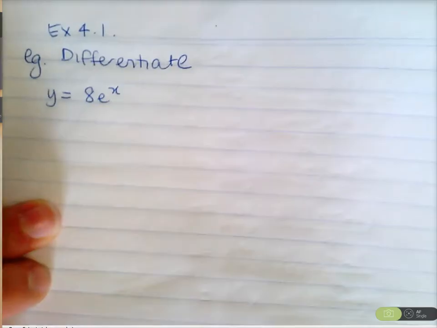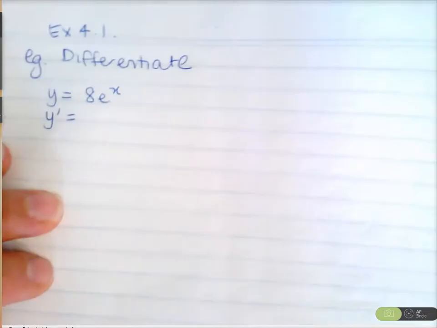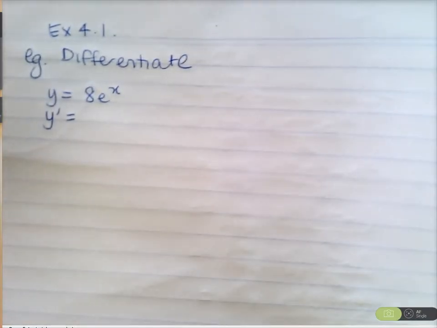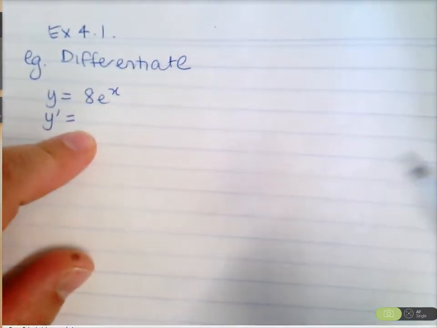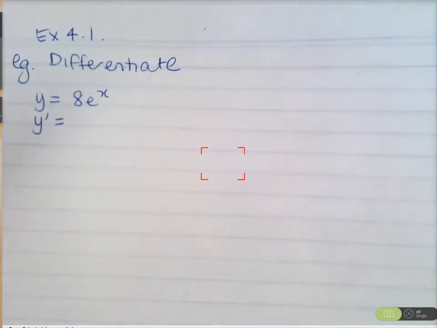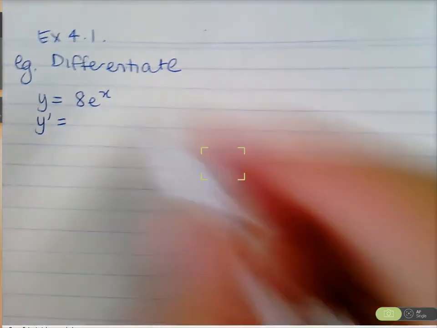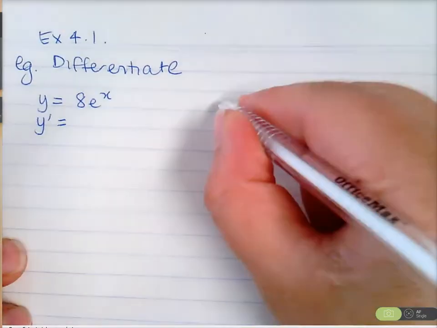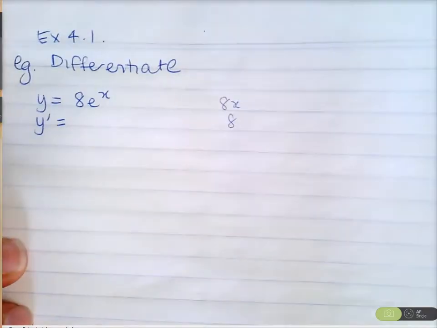If y equals 8e to the x, what's dy/dx or y dash? Yeah, the constant stays and the e to the x stays. Because if you differentiate the e to the x, you get e to the x. If I was differentiating just, say, 8x, I would just get 8.